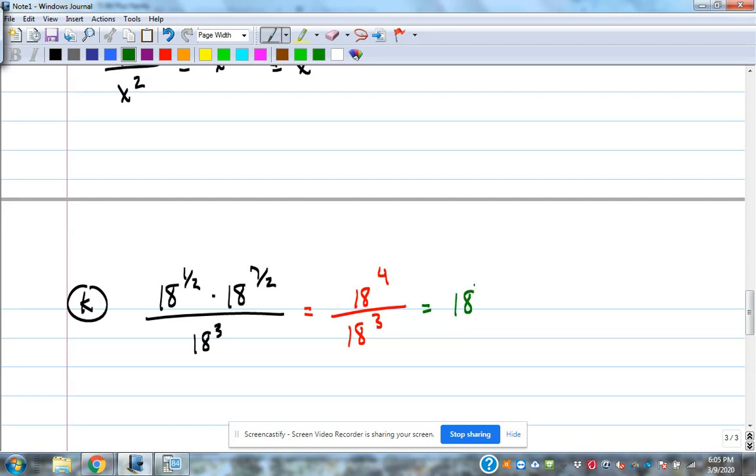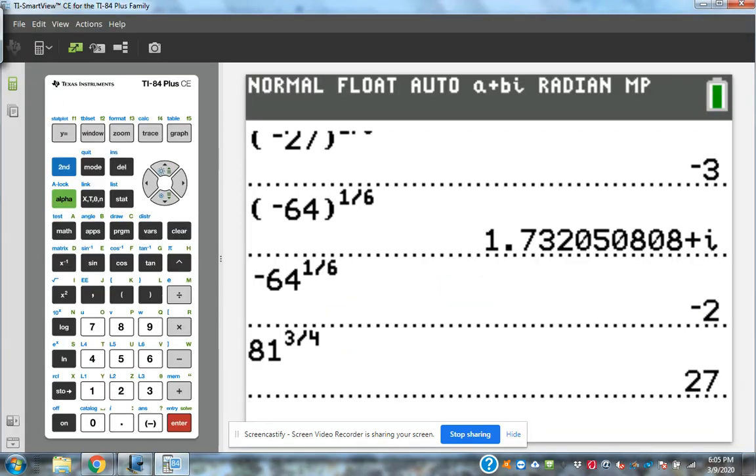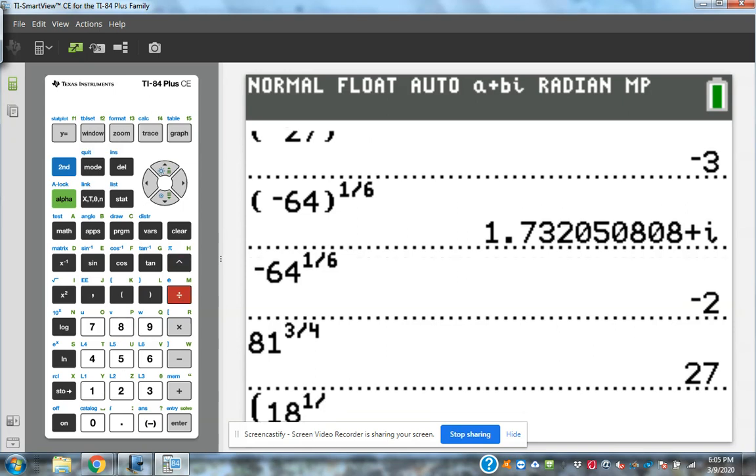Subtract, so that's going to end up being 18. Again, you could do this with the calculator, but you've got to be careful to put the numerator in parentheses: 18 raised to the 1/2 times, and press the right arrow key, times 18 raised to the 7/2.